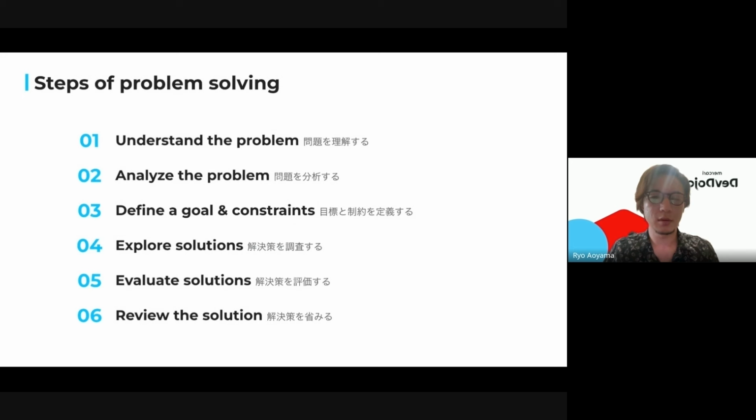Once that's been defined, you will look into the potential solutions to solve the given problem. And then evaluate those potential solutions. After doing so, it's important to reflect on the solution, to review it.